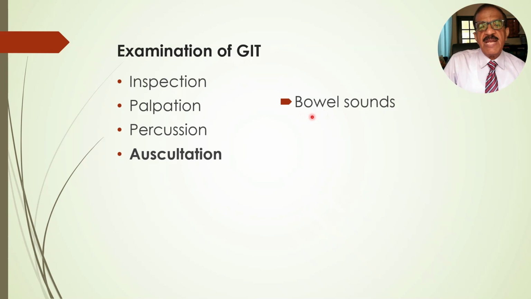And if bowel sounds are absent, in a normal person you might not have intestinal movement for several minutes sometimes. But if you do not have any abdominal sounds at all for several minutes and you are suspecting paralytic ileus, this would support the diagnosis of paralytic ileus. That means there is no intestinal movement at all.